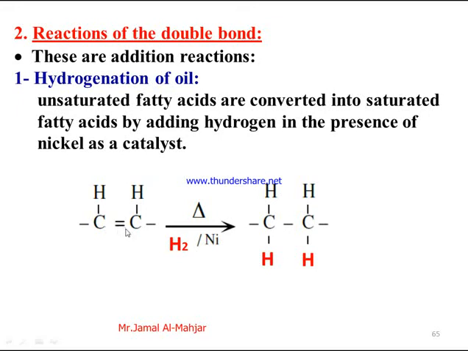As we see here, adding hydrogen changes oil to fat. This is liquid, but this is solid. Sometimes you call it solidification. So hydrogenation means adding hydrogen to unsaturated fatty acids, changing them to saturated fatty acids.